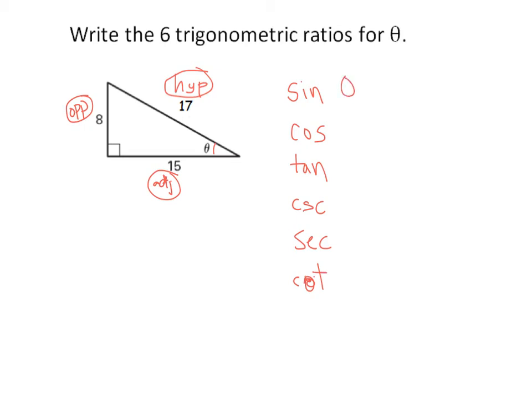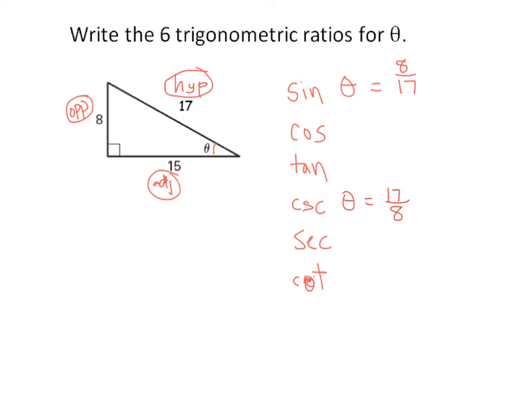So if I want to take the sine of theta, I know the sine of theta is the opposite over the hypotenuse, so 8 over 17. Now, if we wanted to jump right down and do the reciprocal trig ratio, the reciprocal of sine is cosecant. So if we wanted to write the cosecant ratio, we could simply take the 17 and the 8 and switch their places for the reciprocal.